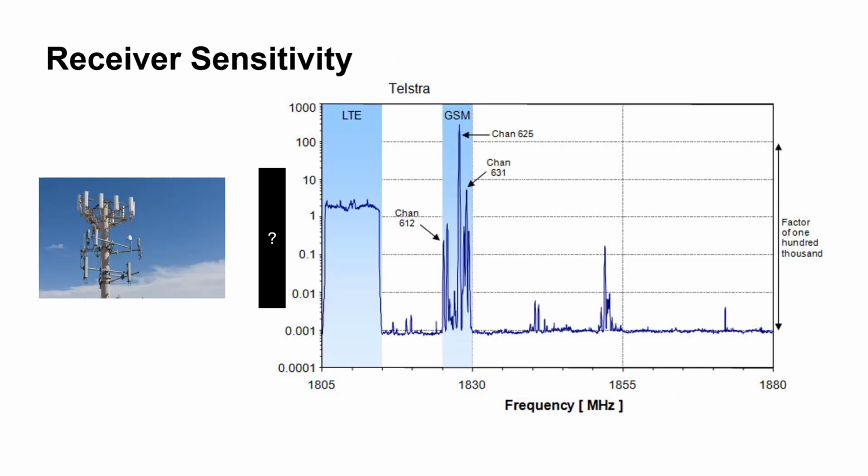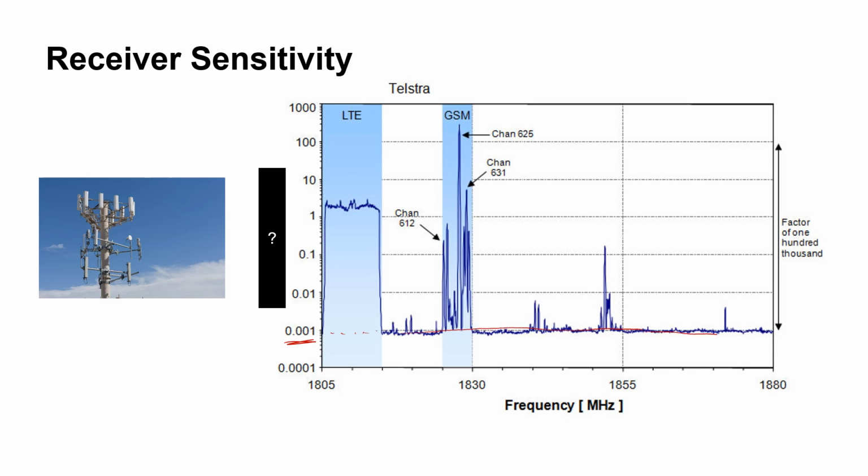So there's a graph of a real application system in which a base station antenna is receiving multiple signals in the LTE band and GSM band that are transmitted by multiple different radio transmitters. Here we can see that our noise floor is almost at the level of 0.01, that is very low.